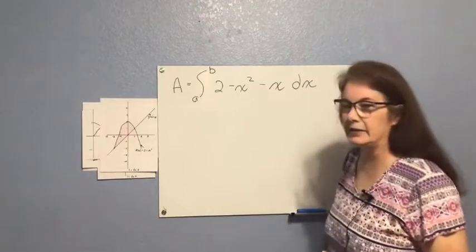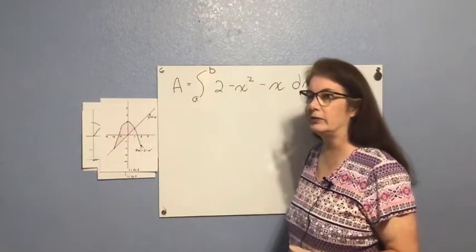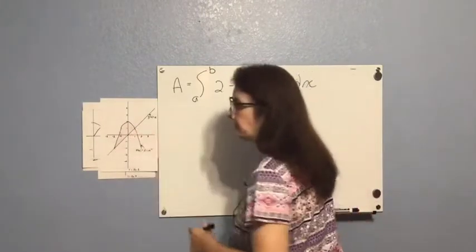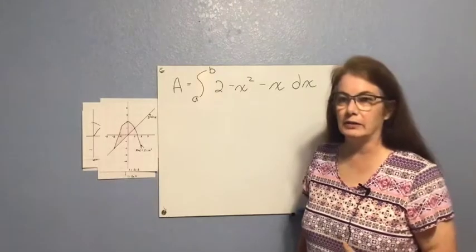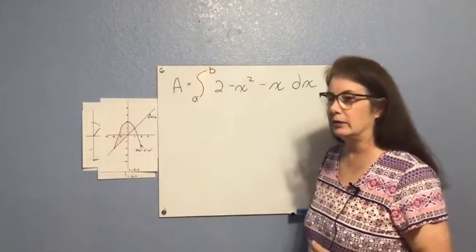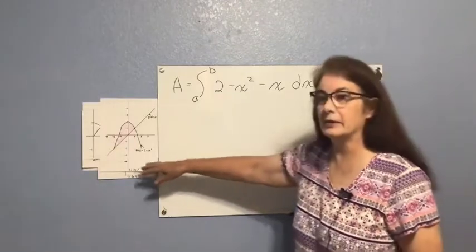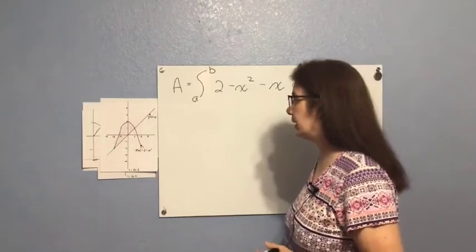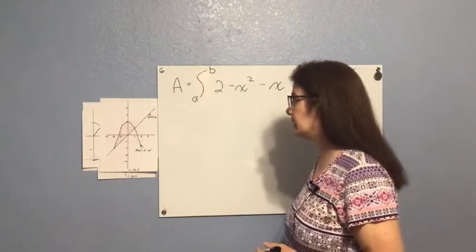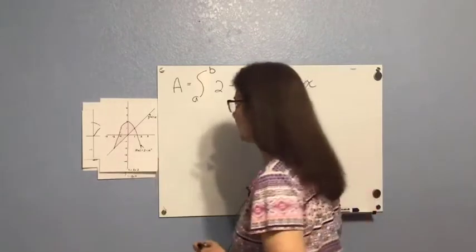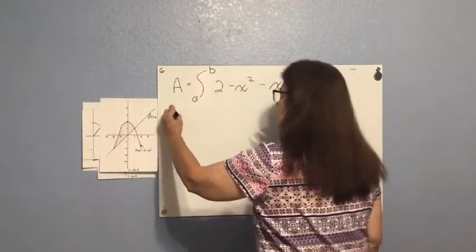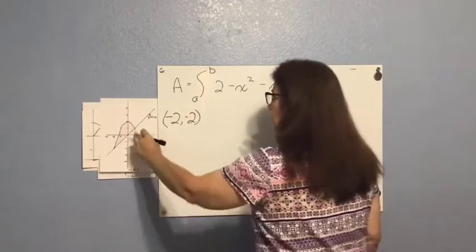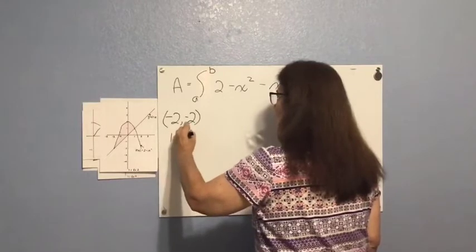Okay, we weren't given limits of integration, so for this problem, we need to find these intersection points. One of the reasons I like to draw a sketch graph for all of these problems is because sometimes on the sketch I can see where those intersection points are. And just a real quick calculation tells me that these intersection points are at -2, -2, and this point is at 1, 1.